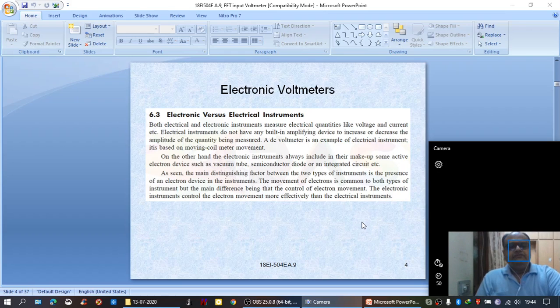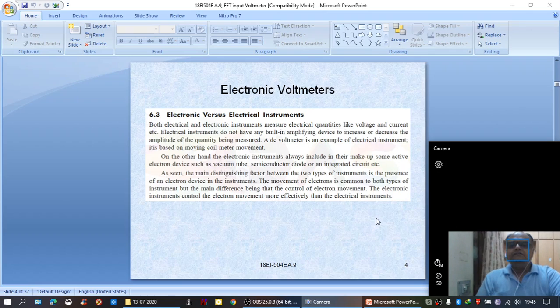On the other hand, if we go for measurement of very high voltages, in that case attenuators are used in place of amplifiers. Attenuators are used for reducing the voltage level first, then applying to the DC voltmeter circuit.